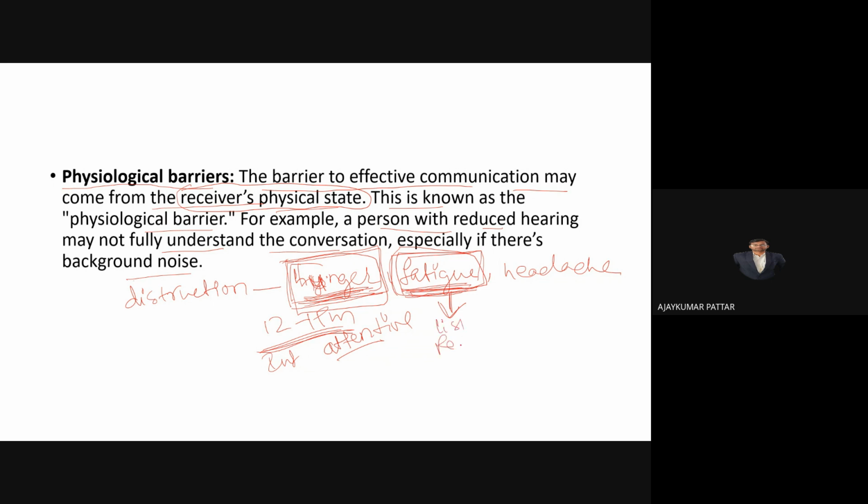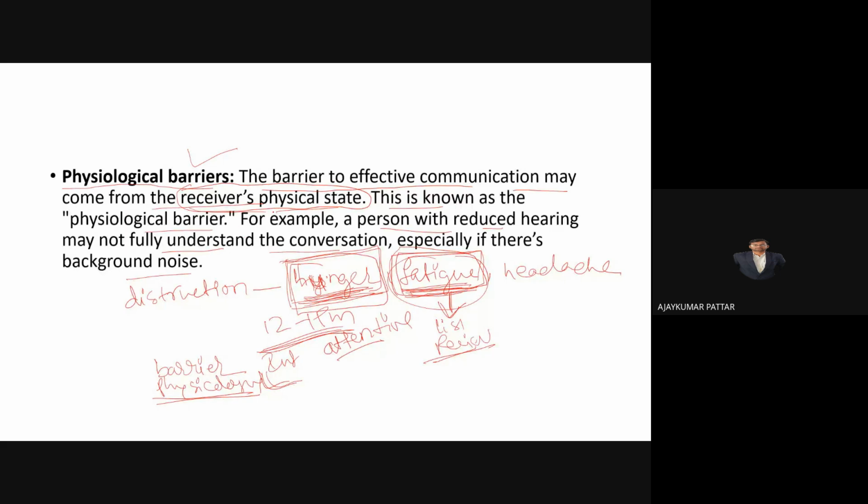The receiver is not receiving the proper message because of fatigue. So whatever physiological things act as a barrier for communication, we call a barrier. If our physiological conditions act as a disruption to communication or receiving knowledge, then it is called a physiological barrier.